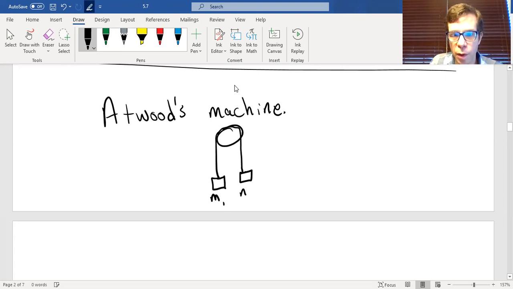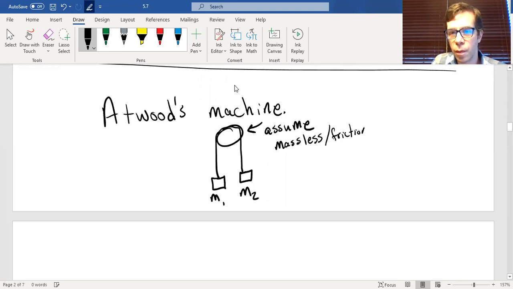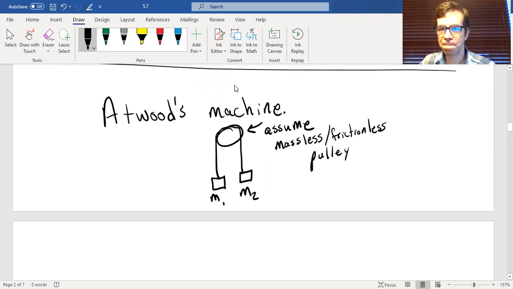We'll call this M1 and M2. And we're going to assume what we call a perfect pulley, right? Massless and frictionless. So the pulley doesn't matter. All it does is turn our string.